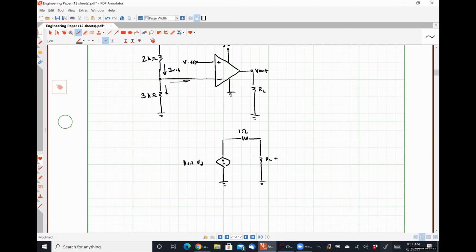And let's say that RL is 5 ohms. Well, this is our output voltage, V out, right? When RL, our load resistor, is on the order of the same size as our output resistance, we have a voltage divider circuit where we're effectively losing voltage drop to that output resistor 1 ohm right here, right? So at our output, we're only going to see 5/6 of the output voltage that we would expect.